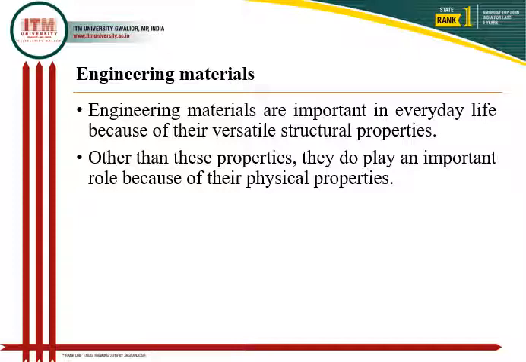Whatever we are discussing in this paper is about solid state, the physics of materials. We all know that engineering materials, most of them, are plastics or metals or wood. These are materials important in daily life.